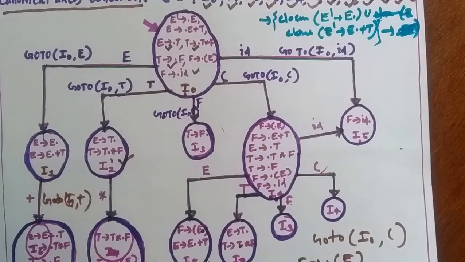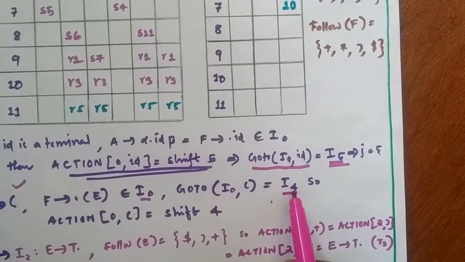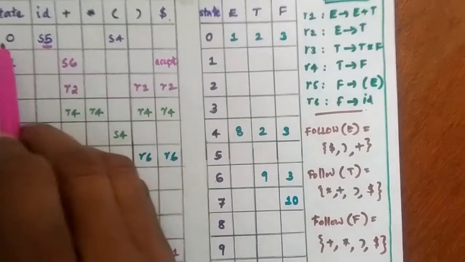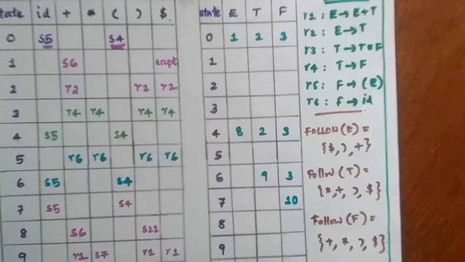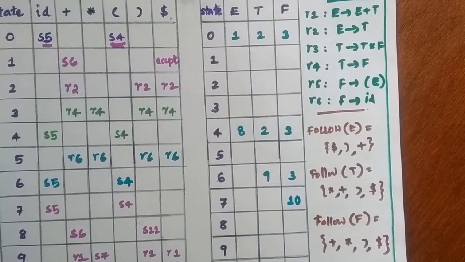That is why goto of I0 left bracket is equal to I4. So in the action table for 0 and left bracket, we will add shift 4. So you can see shift 4. That is about 2 entries in the 0th state.